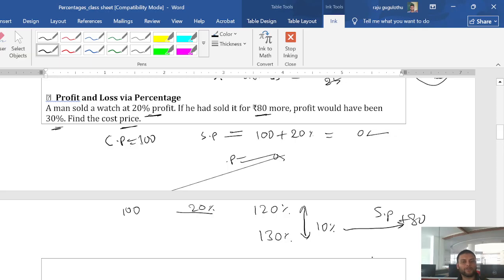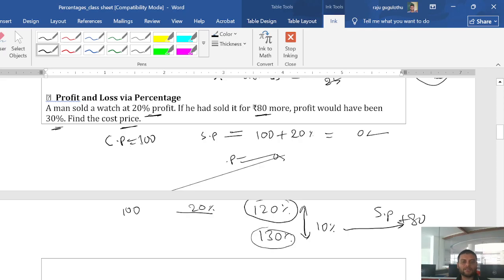You please catch this point once again. Firstly we are selling the article at 20% profit, that means we are selling the article at 120 percentage of the cost price. And next, we are adding some more amount to the selling price, and we are getting 130 percentage.